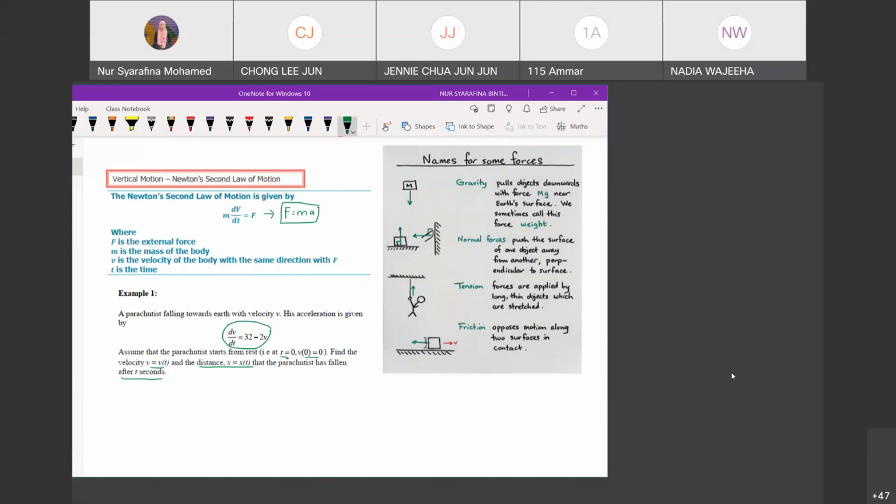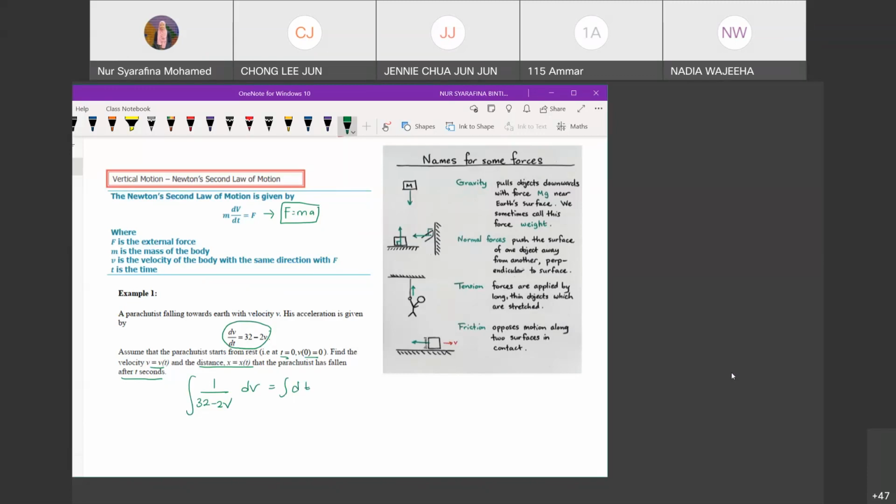Sixteen minus 3 equals 3, right? And you can also bring everything over, 1 over 32 minus 2v with respect to v, and then you can integrate both sides.